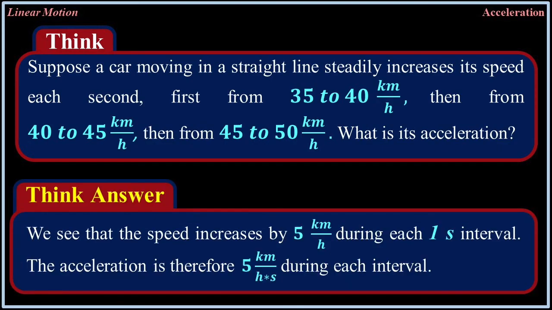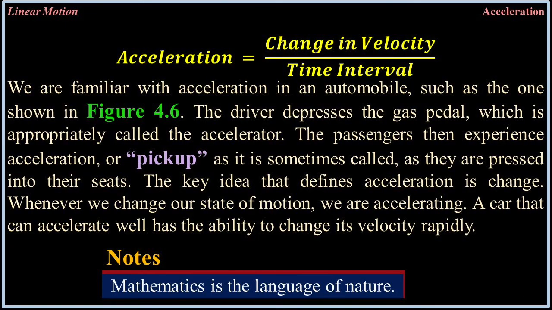We see that the speed increases by 5 kilometers per hour during each 1 second interval. The acceleration, therefore, is 5 kilometers per hour per second during each interval. Acceleration equals change in velocity over time interval.